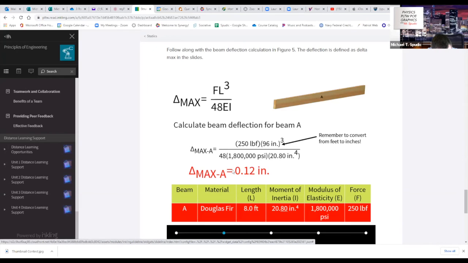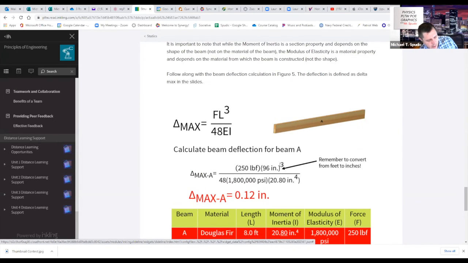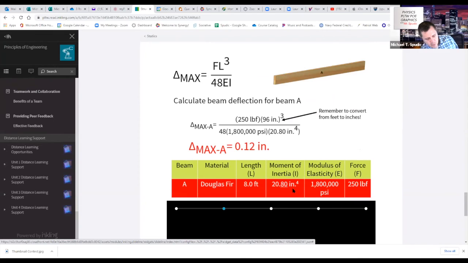If we use Douglas fir and we had 250 pounds of force, which is not me, a heavy weight on there, the length of the wood was 96 inches, so an 8-foot piece of wood, the Douglas fir at 1.8 million psi, and we have the 20.8, which would be whatever moment of inertia we calculated there.